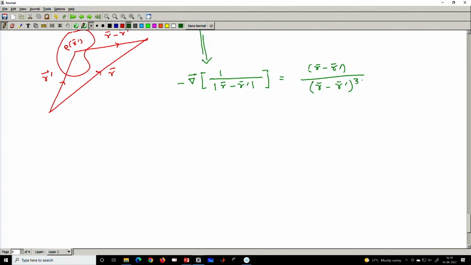So, that we know, and if you calculate then you will find this. I suggest you please check by yourself whether you are getting this or not.